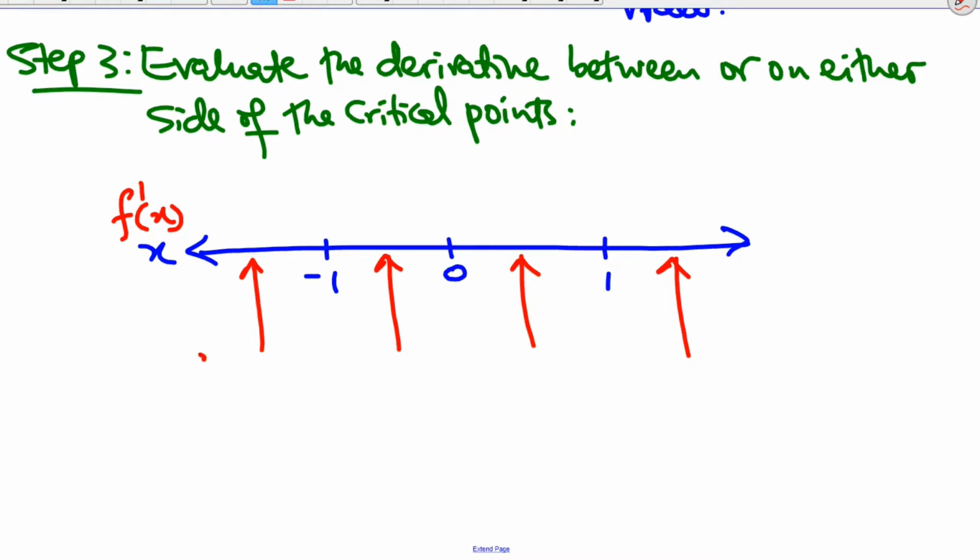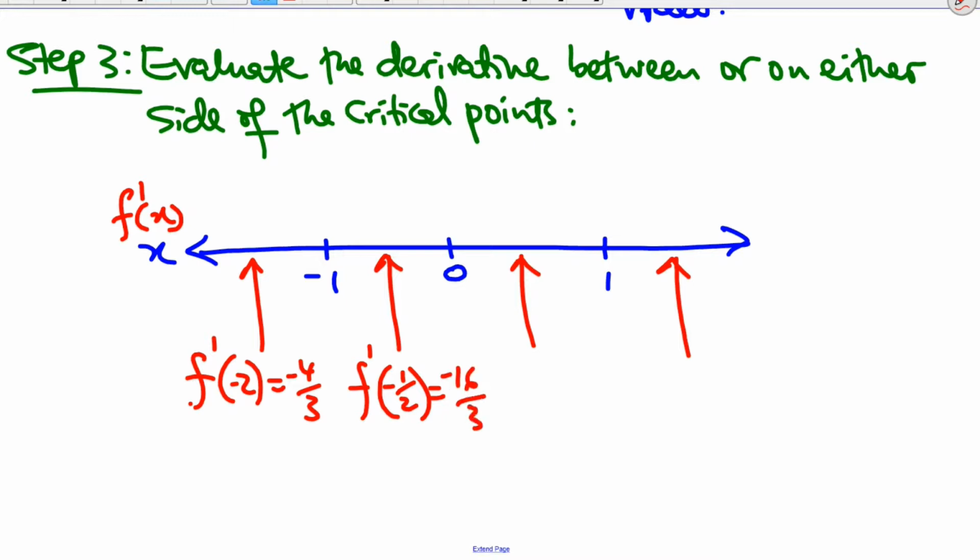So here we picked f dash of -2, and it was -4/3. Here we picked f dash of -0.5, and it was -16/3. Here we picked f dash of 0.5, which was 16/3. And here we picked f dash of 2, which was 4/3.